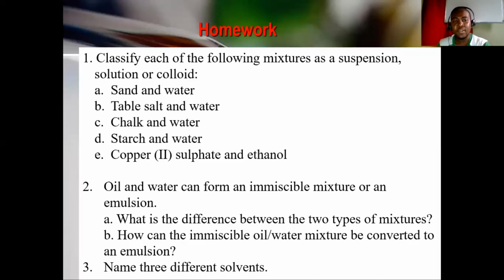Copper 2 sulfate is an ionic compound, right? And ethanol, we know, is an organic compound. So do they mix? No, they don't, right? So therefore, we get a suspension. Ionic and organic compounds don't mix, so we're not going to get a solution there.